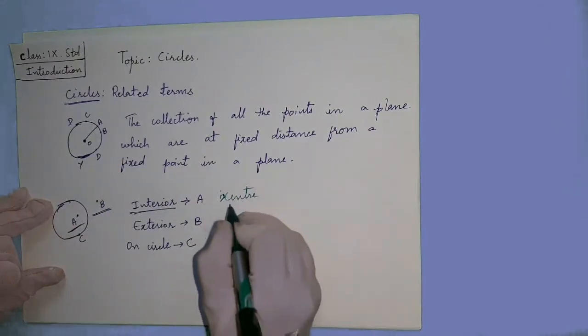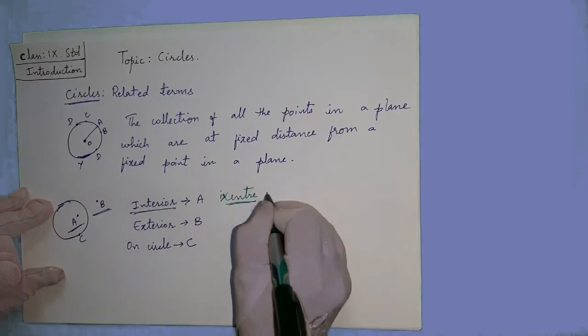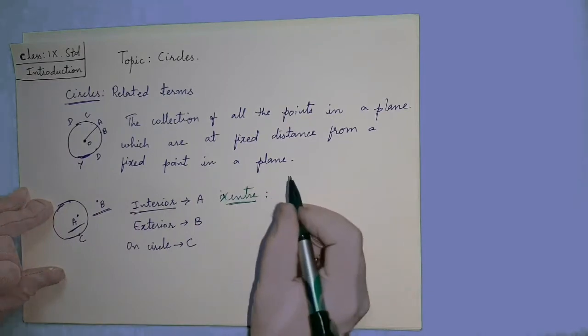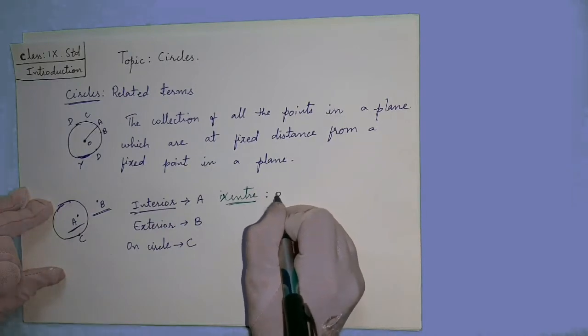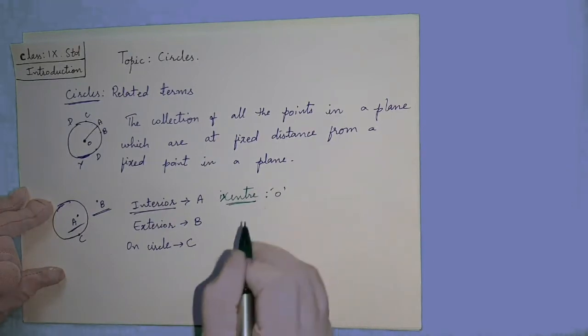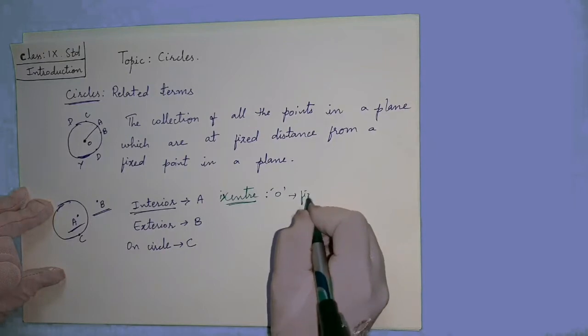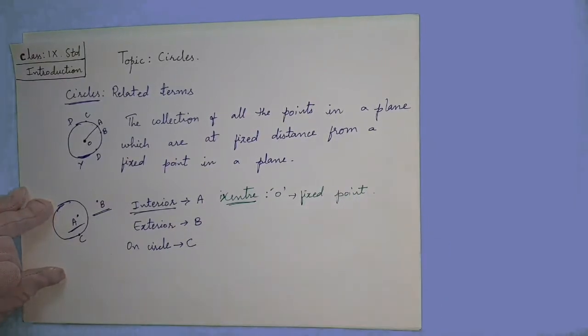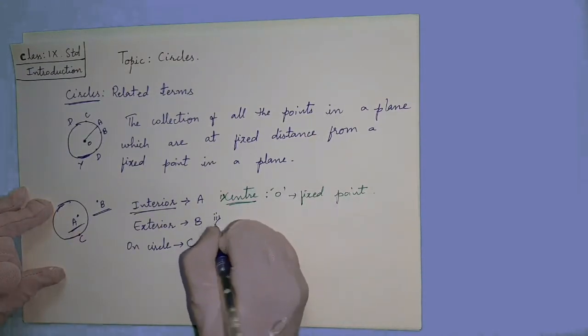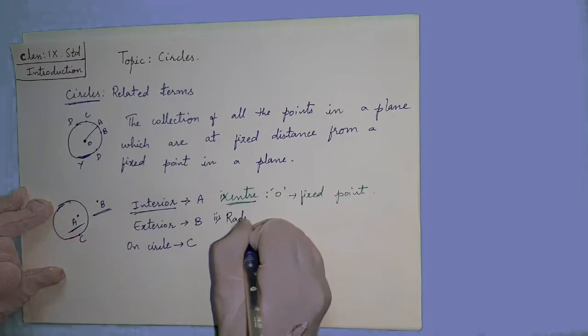That is called the center of a circle, and it is represented by the letter O. Here in this figure we are taking the center as O, which is a fixed point from where we are drawing the circle. That is your center. Now after center, the second point we will see is radius.